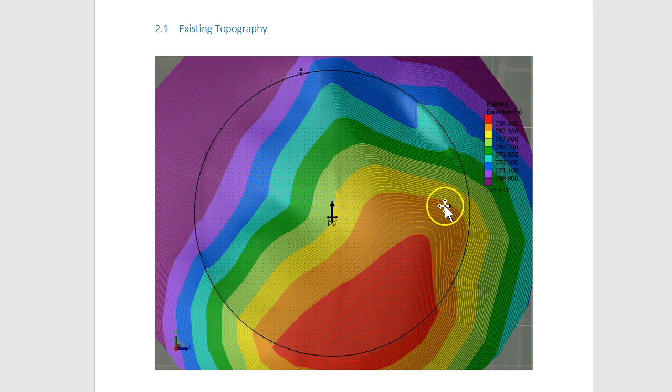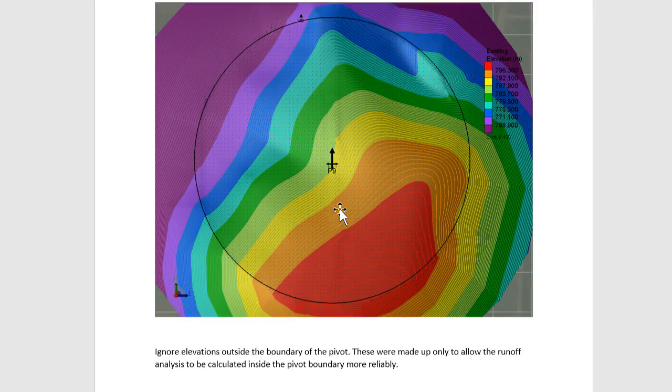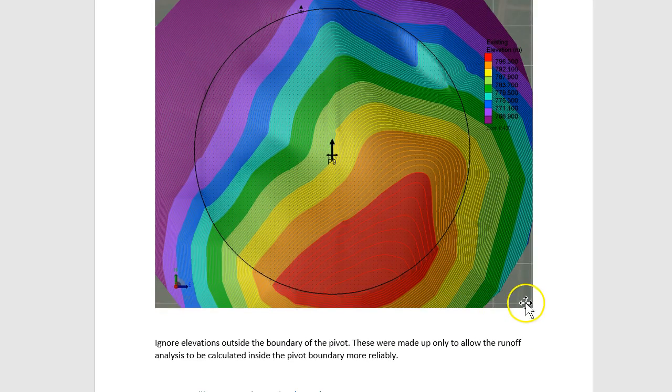The pivot's not too large. That's 100 meters there, so it'd be about 350 meters diameter. The slopes are quite high in areas which could cause runoff problems during irrigation. Rotating to a 70 degree row direction could help that.